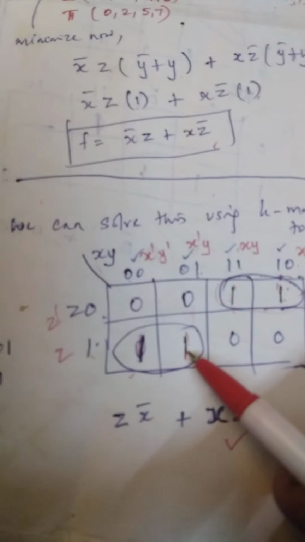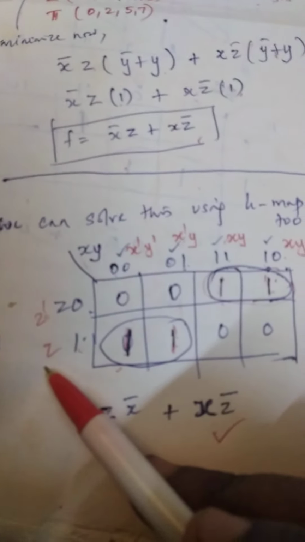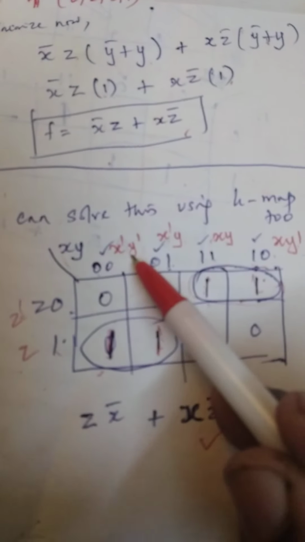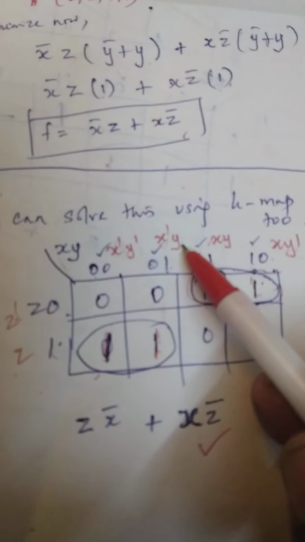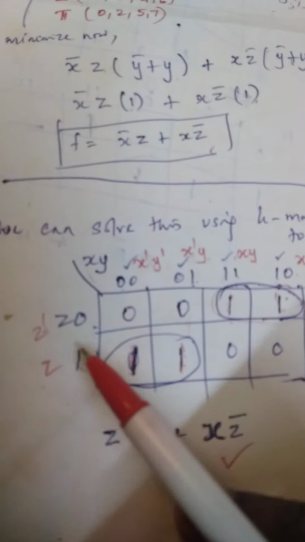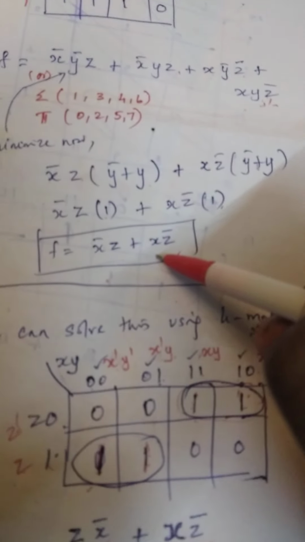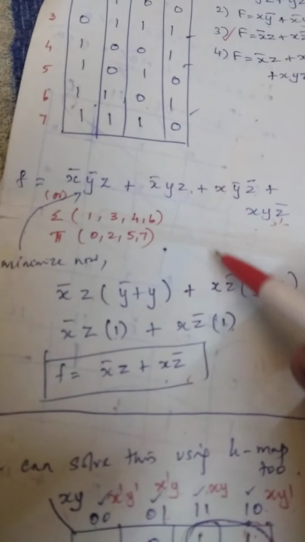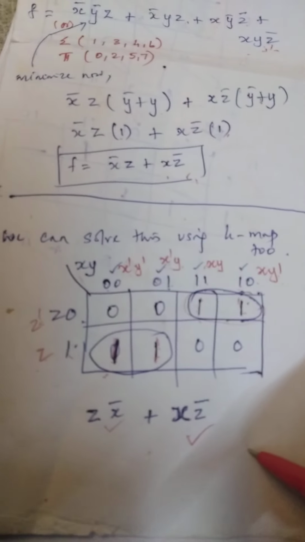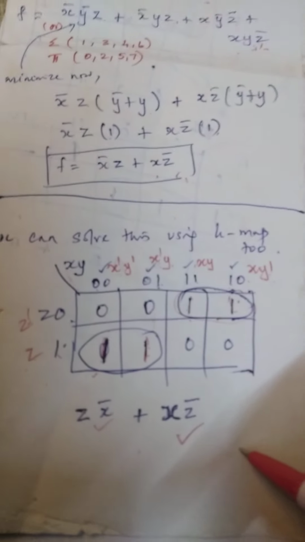Now come here. Which is common? z is common. And here x' y' and x' y, x' is common. So we write z x'. The same thing is coming. Either we can solve in this simplification manner or using K-map, but K-map is easier.